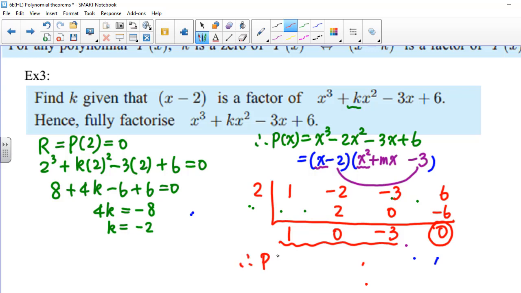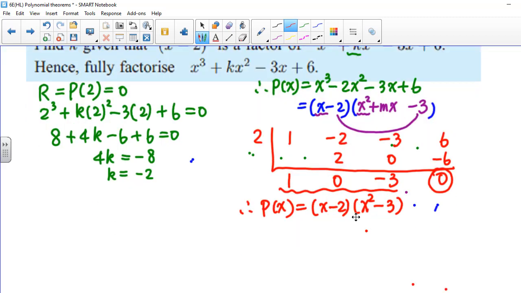So p of x can be factored into x minus 2 times x squared minus 3 first. As for this quadratic, it's easy to be factored further. So x squared minus 3 can be factored into x plus root 3 times x minus root 3.